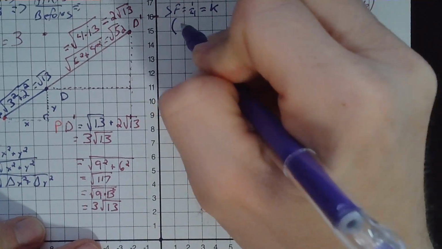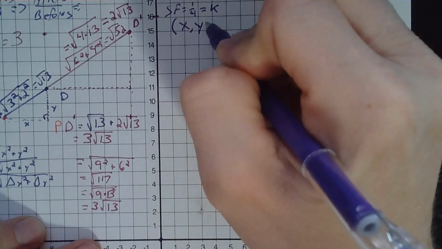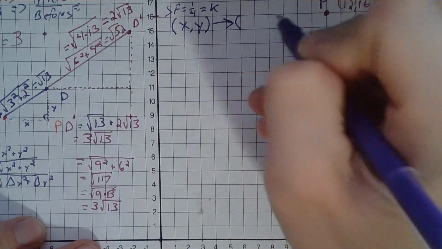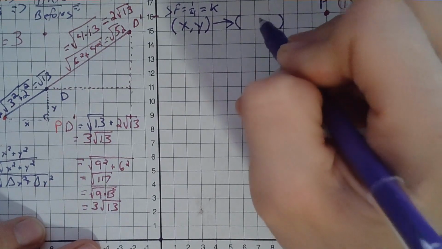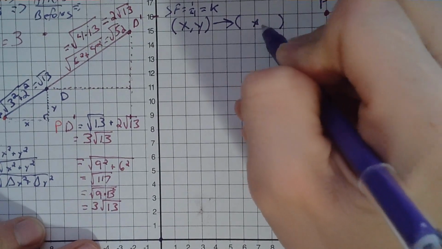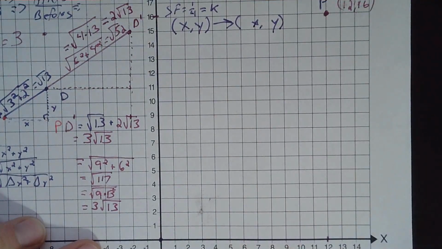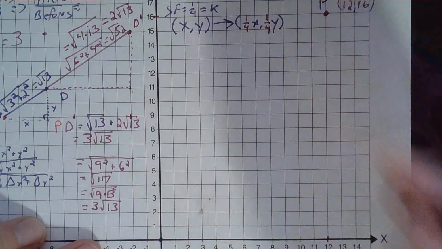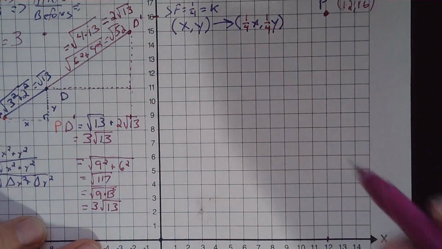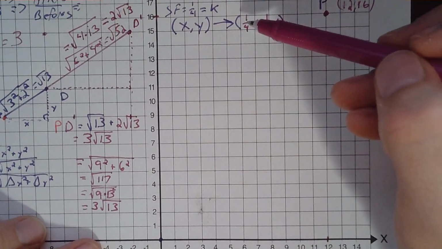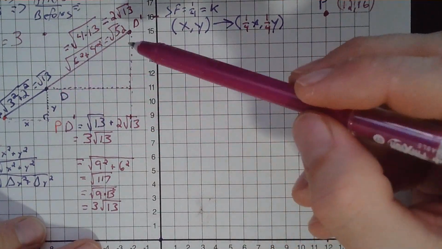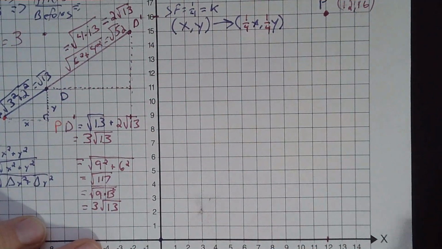Just like every algebraic expression, it starts with x comma y, and then we have our x comma y, just like we did with everything else, but then it throws in our scale factor, indicating that our x values change by the scale factor and our y values change by the scale factor, which you guys saw over here. It's pretty kind of obvious.